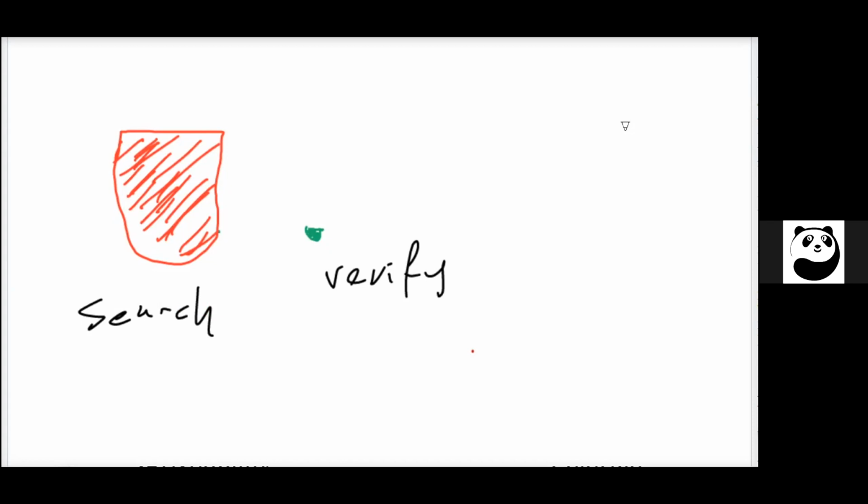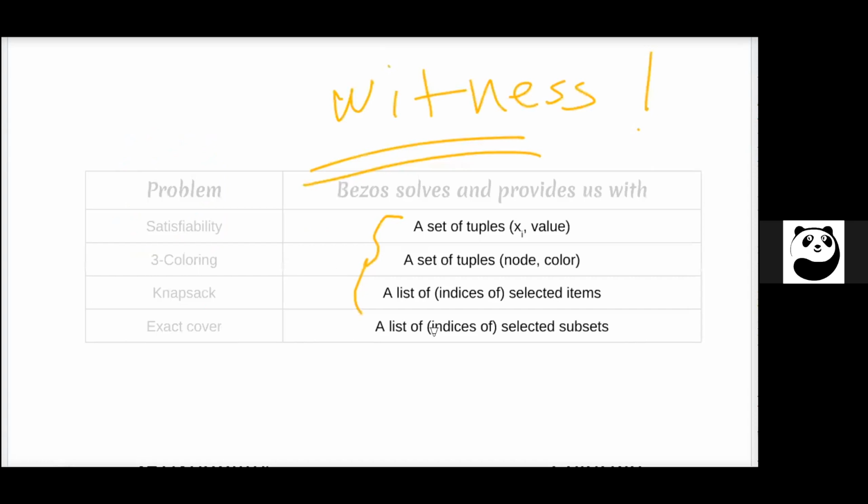But today the message basically is, this is where this whole decomposition of computation into search and verify, two parts, came from. This is what we call a witness, a certificate that the search has been done correctly, and verifying it is easy. I hope I got your intuition correct, Vishal.